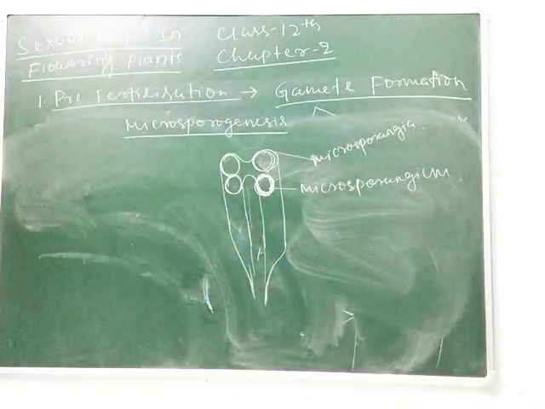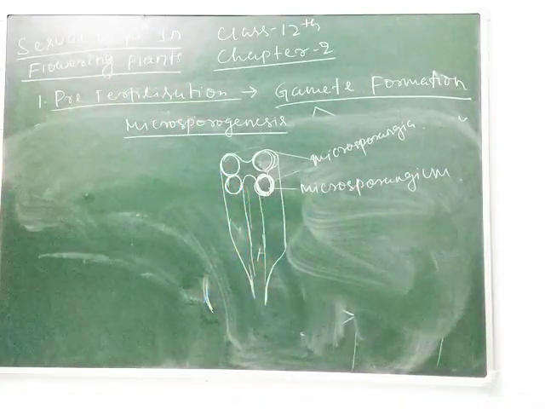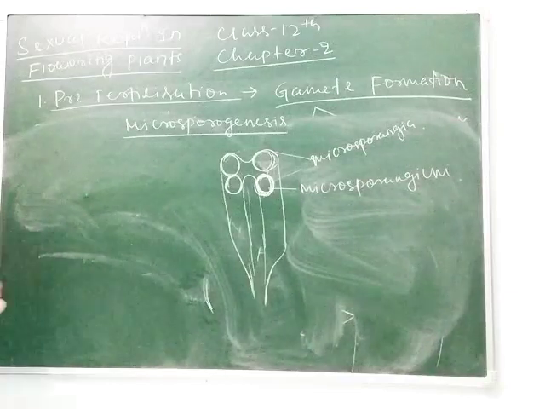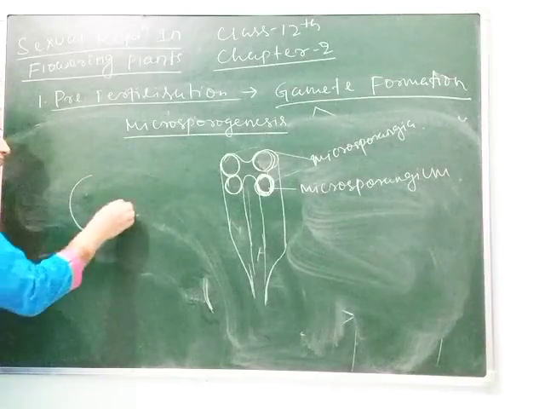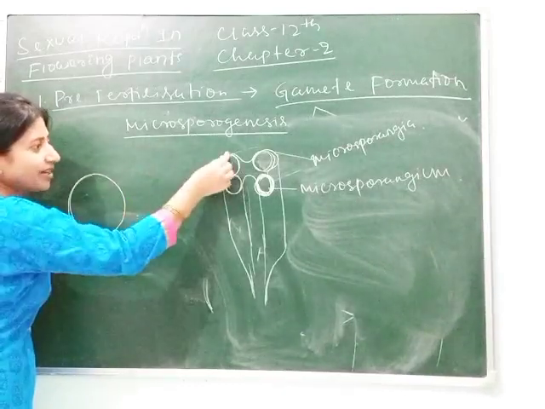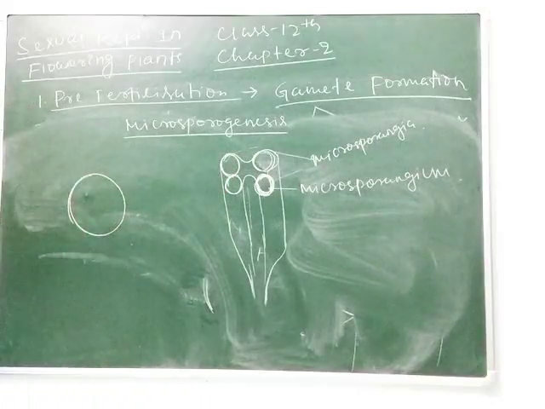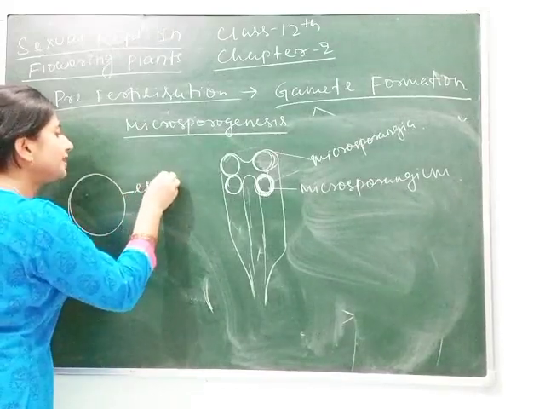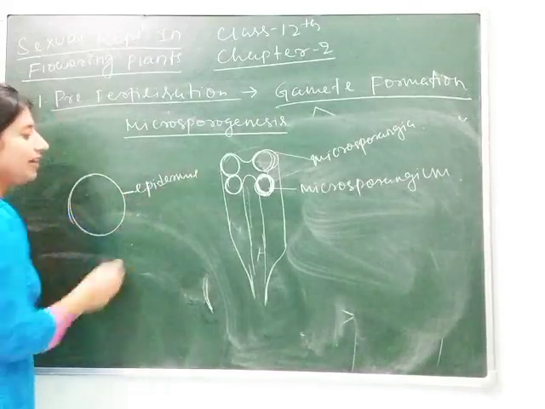If I show you a single microsporangium, you can see its different layers. I am representing one of the microsporangia here, and we can label the different layers. First is the epidermis. Clear?